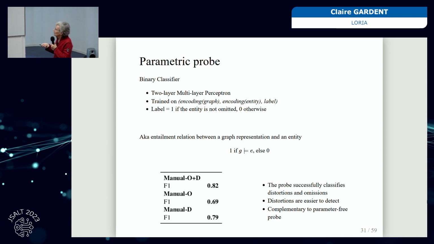In the previous case, the distortions were harder to distinguish: the similarity between the original graph and the graph containing the distortion was closer to the similarity of the graph and the graph where you've removed a mention than the same comparison for omission. But here for the classifier, we don't have this; somehow the distortions are easier to spot.